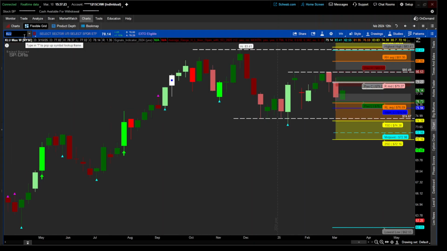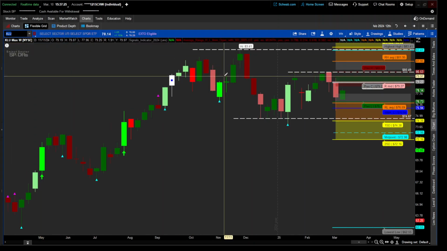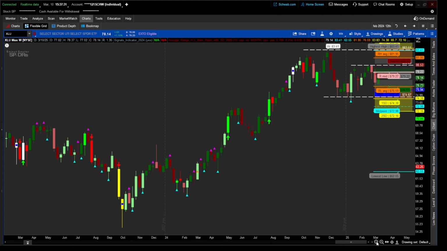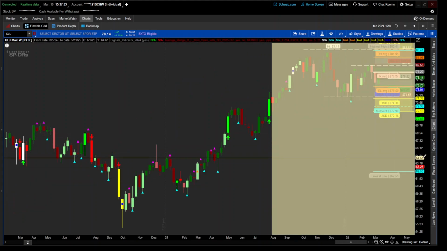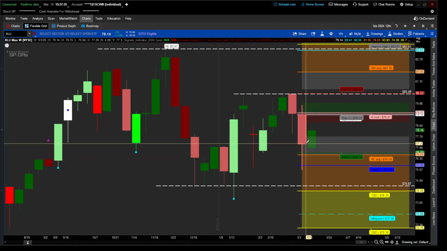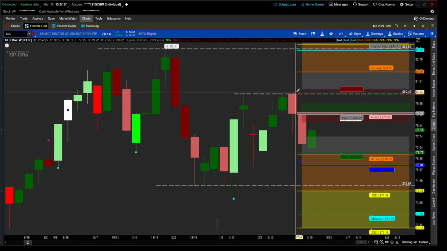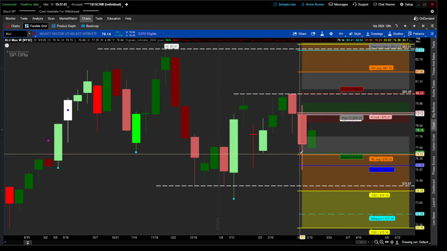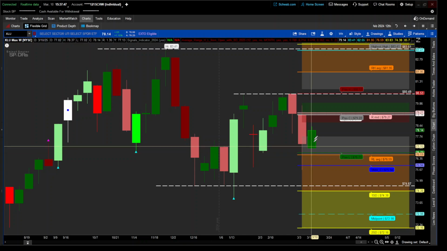It's doing pretty good. That's the utilities, and they've been doing pretty good for a while now. Right now we're at our previous month's high and our previous month's low, so it's really just range trading within them.